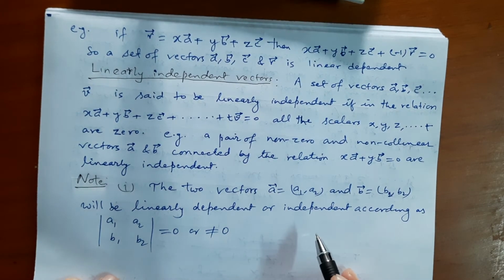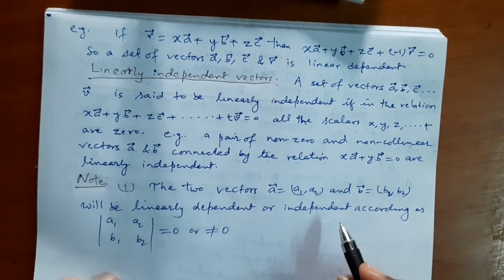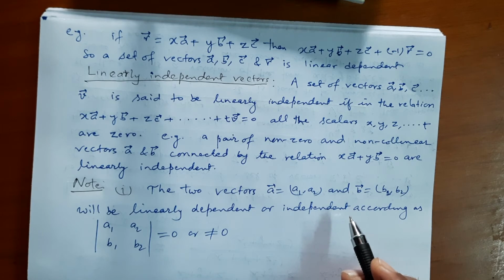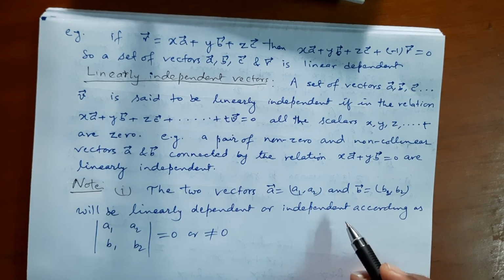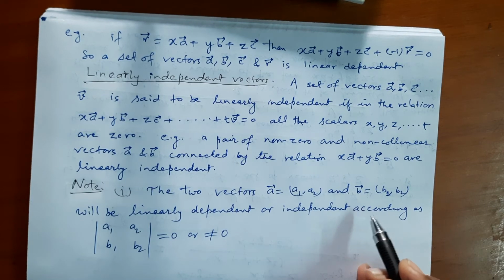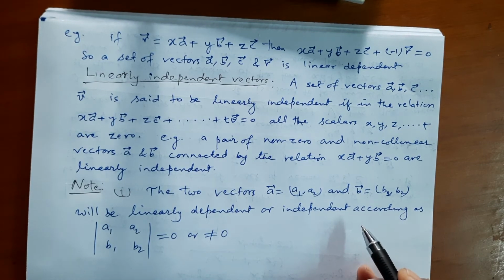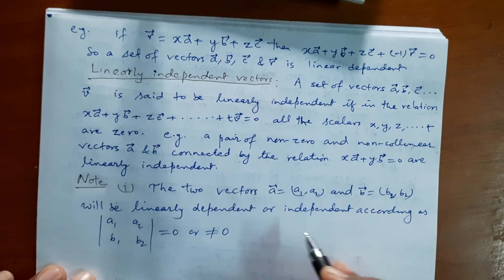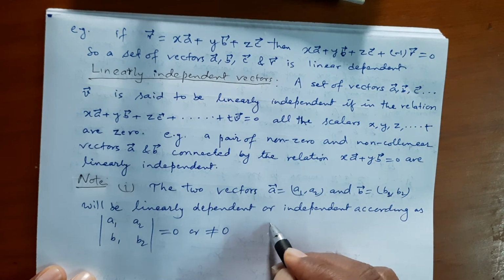Okay, so previously while defining linearly dependent vectors, what we had written is that if the scalars are not all 0, then the vectors are linearly dependent. Then if all the scalars are 0, then the vectors are linearly independent. So here we have the opposite relation, and it may be difficult for us to remember. Okay, so I will give you one idea to remember.